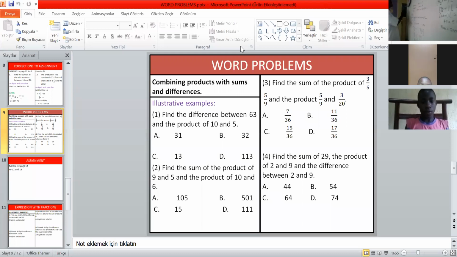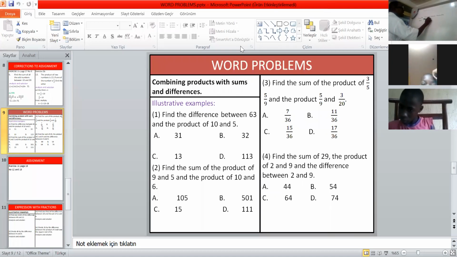Now let's look at another teaser. Find the sum of even numbers from 1 to 10.